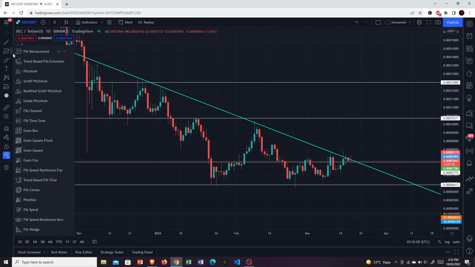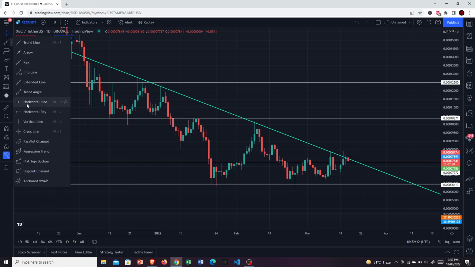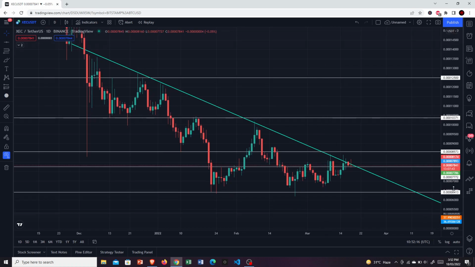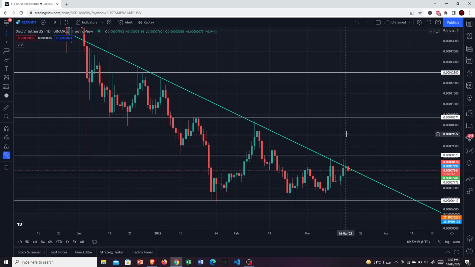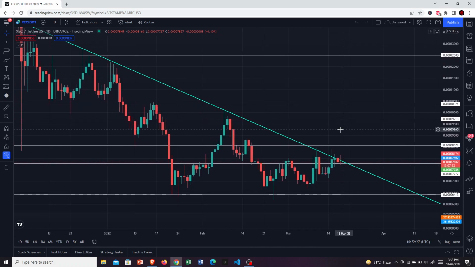So I will mark a few support and resistance levels over here also. So this swing low is going to be our resistance to the upside. Okay, and the high of this swing low is going to be a resistance to the upside also.